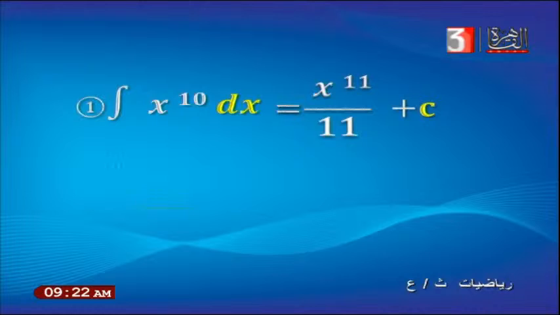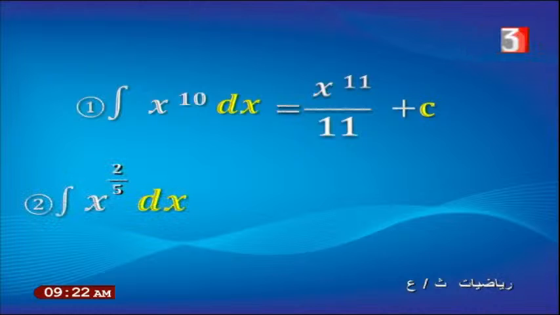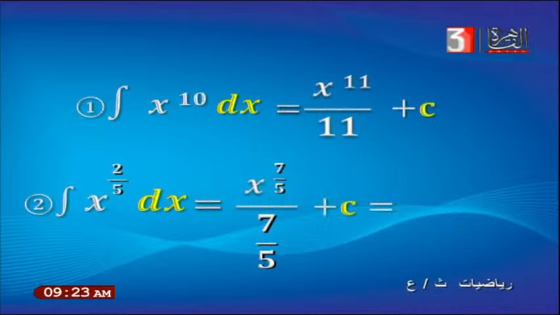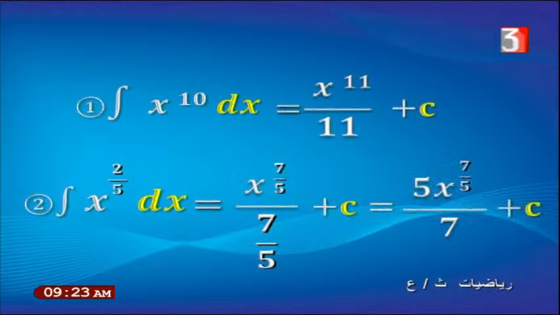Number 2, integration x to the power 2 over 5 dx equals x to the power 2 over 5 plus 1, which equals 7 over 5, all over the new power 7 over 5, plus constant c. Then we can write x power 7 over 5 over 7 over 5 as 5x to the power 7 over 5 over 7 plus the constant c.